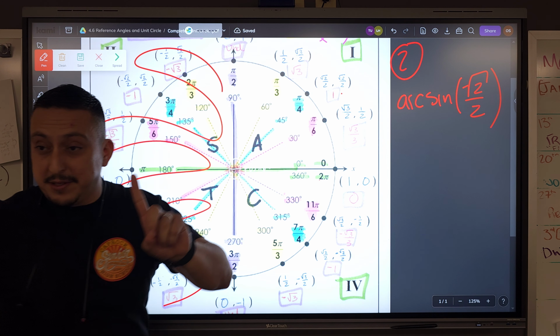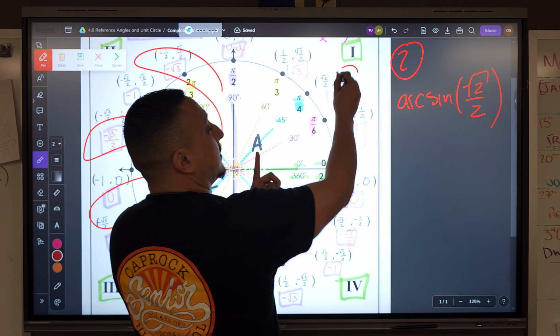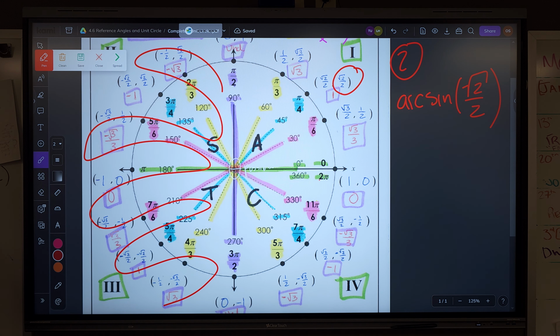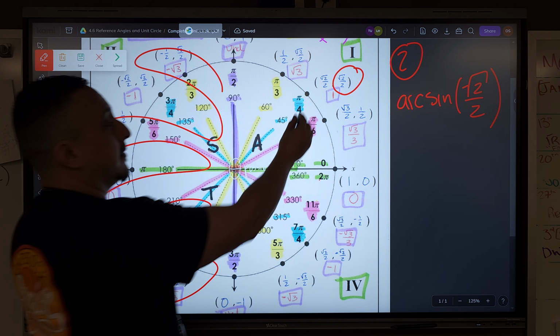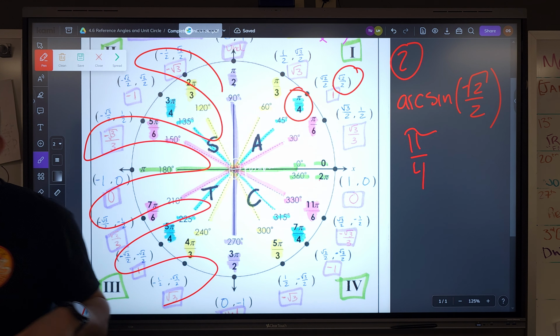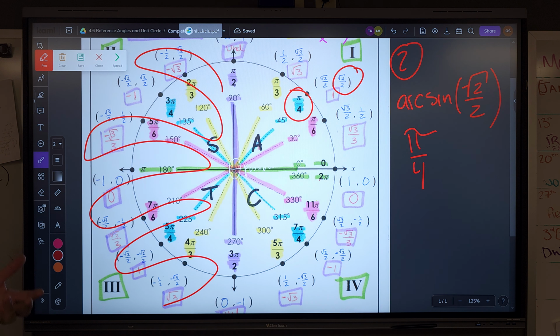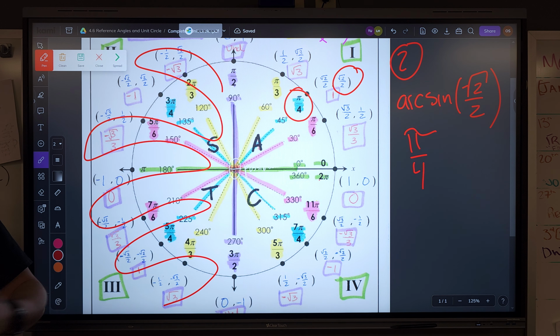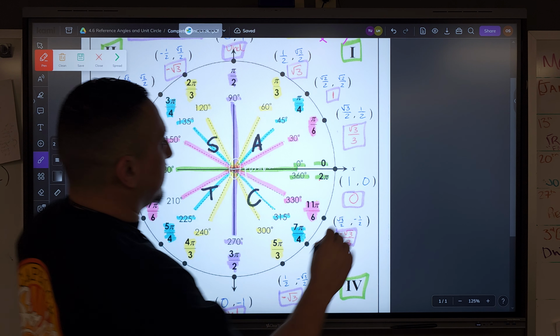Right there? Because it has to be the y value, right? Everybody see it? What's the angle right there? It depends if they want the angle in radians or degrees. If they want radians, pi over 4. If they want degrees, 45. Does that make sense? Okay, we're almost perfecting it, right?